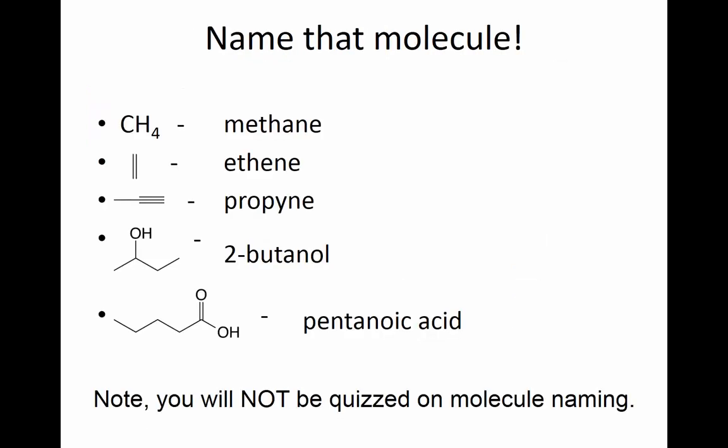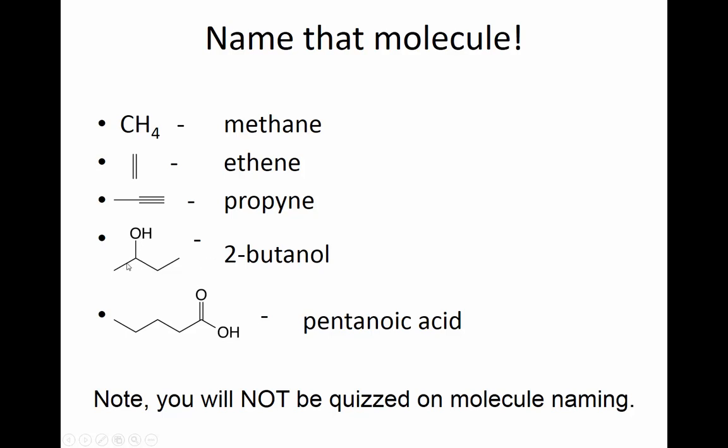So again, let's name these molecules here. CH4, this is methane. It's an alkane, obviously. This is a carbon-carbon double bond here. This is ethene or ethylene. This is a 3-carbon CC triple bond here, propyne. And this is 2-butanol.